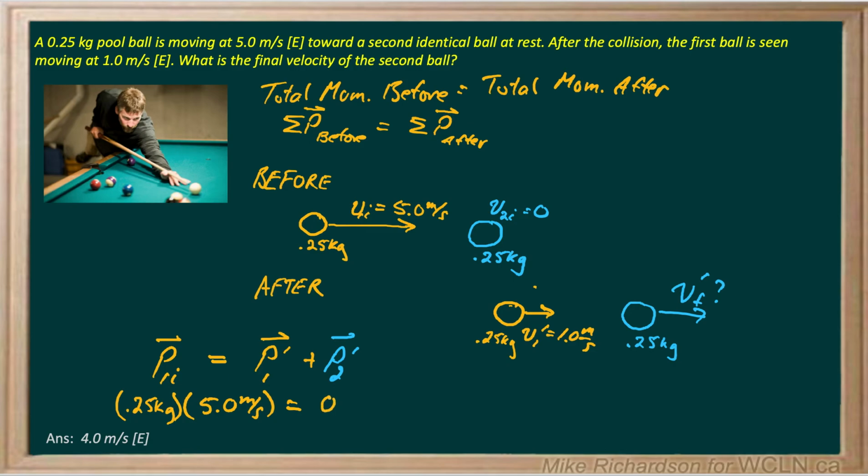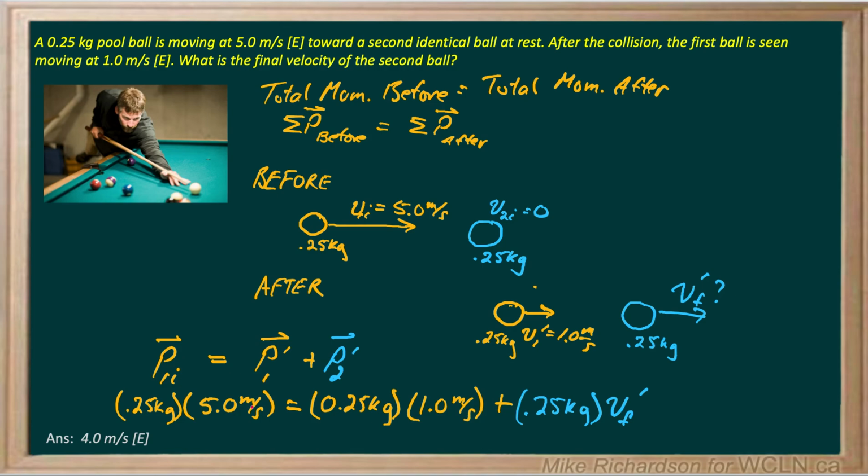So still the same ball, 0.25 kilograms times 1 meter per second. It's still to the right, so it's still positive. Plus, and then the other ball, same mass, 0.25 kilograms. And we're looking for V2 final prime.